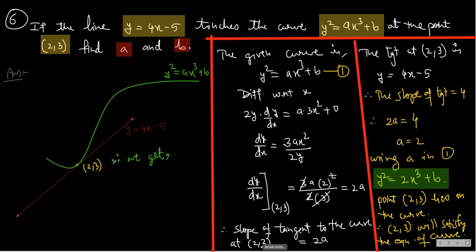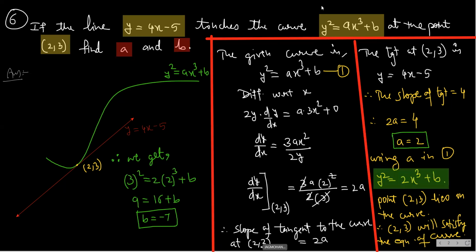So I get here 3 square equals 2 into 2 cube plus b. So I got here 9 and here I got 16 plus b. So b equals -7. So students, we got the value of a as well as the value of b. We got both the answers. I hope you followed it.